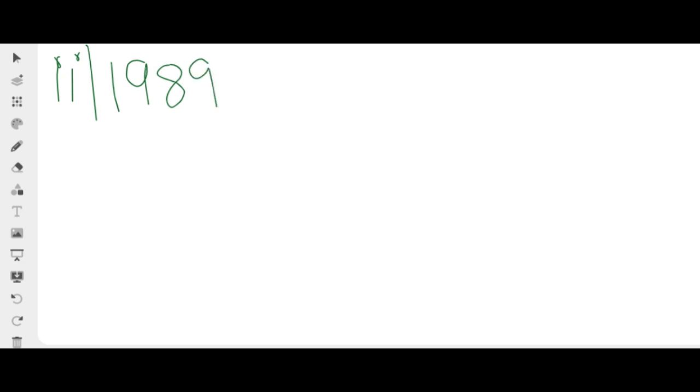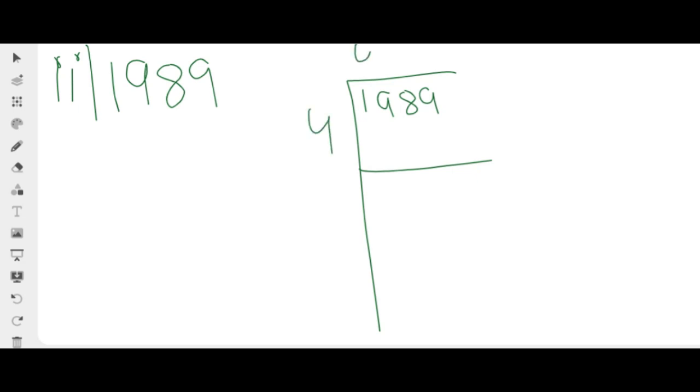We have to find a perfect square by the long division method. Yes, ma'am. So the perfect square like this: 1989. We have to find the number whose square is exactly or less than 19. I think less than is 16. Then 4 fours are 16. 19 minus 16 will give 3, then 8, 9.